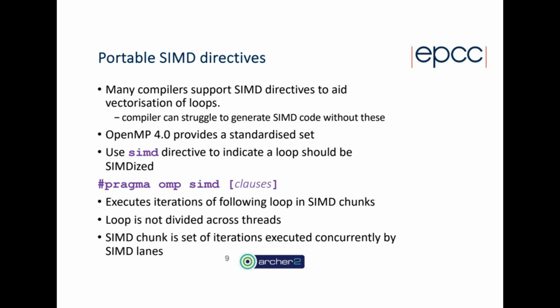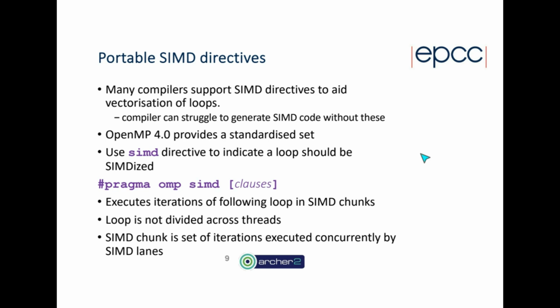It was generally felt that it would be a good idea. Compilers all support similar features, but they all had their own syntax for it, so it would be a good idea to have some standardization here and make it portable.